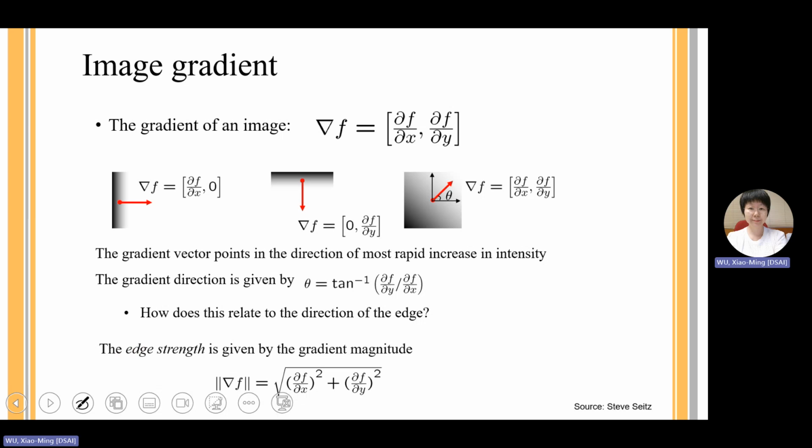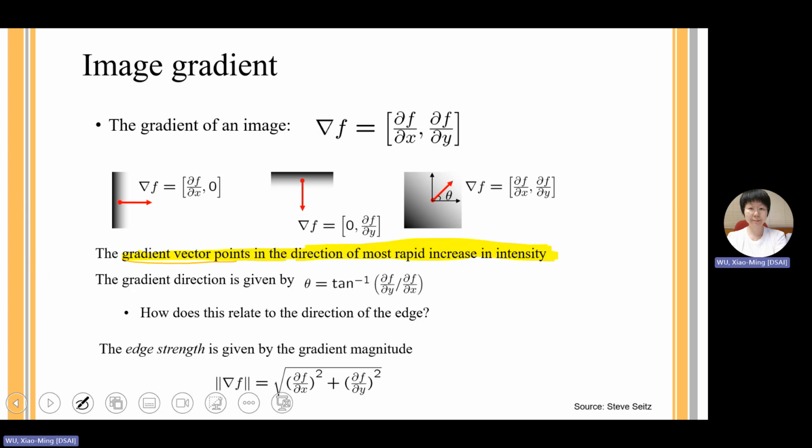The gradient direction points in the direction of most rapid change in image intensity.